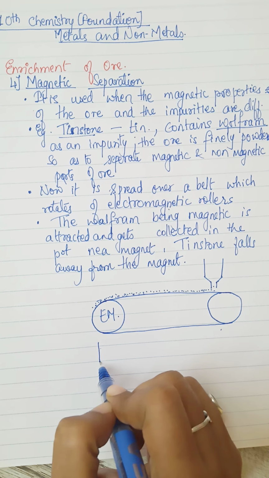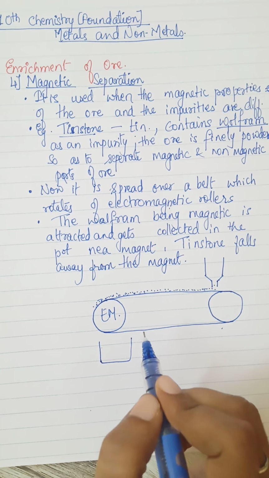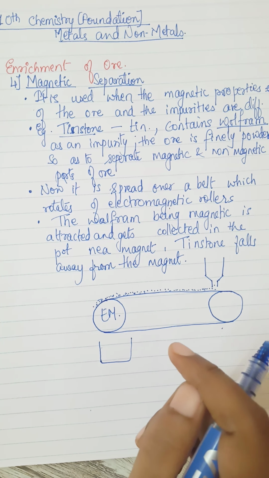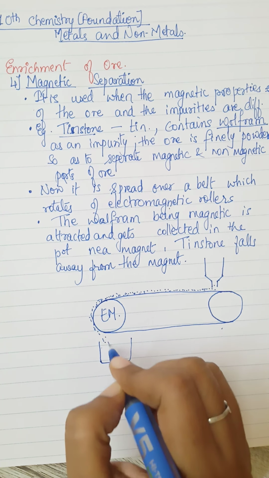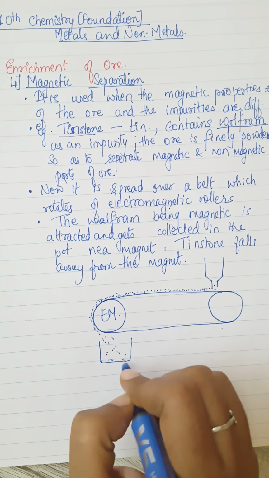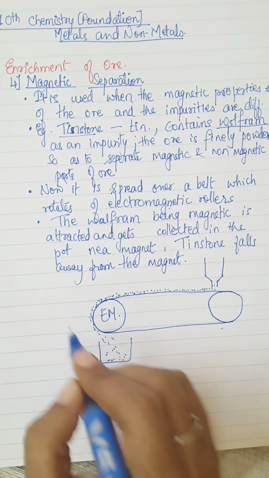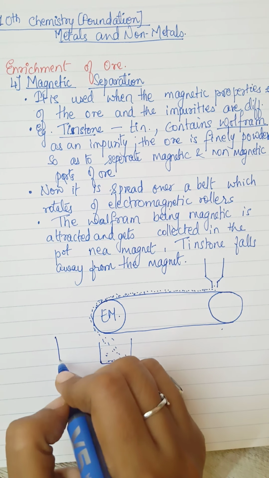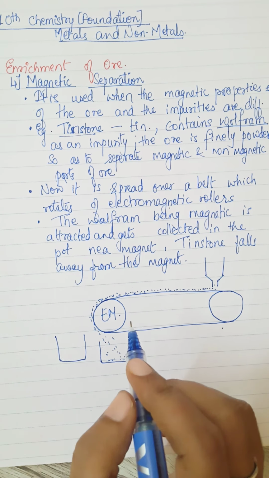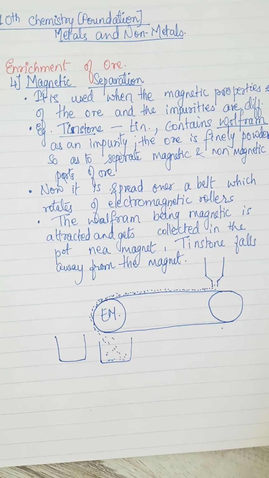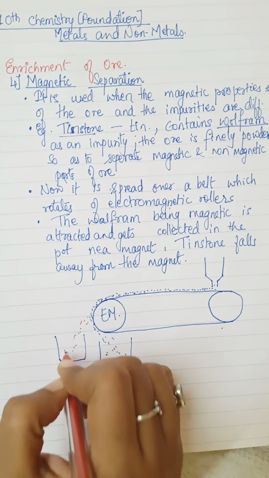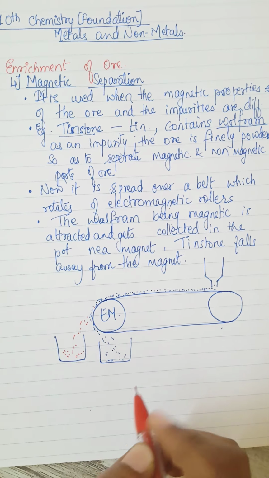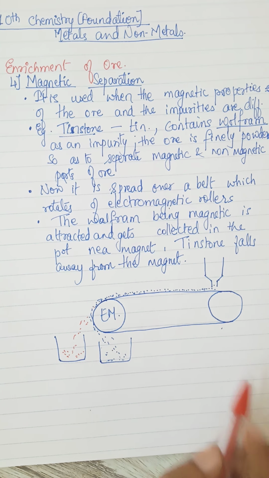So here, the pot near the electromagnetic roller will be filled with the impurity, that is wolfram, as it is magnetic in nature. Whereas in the container away from the magnet, there will be tin stone, that is the ore, falling. So here you will get the ore, whereas here you will get the wolfram, that is impurity, right?